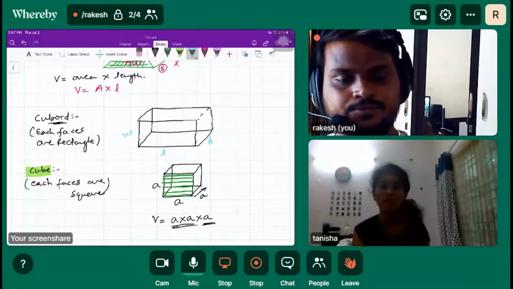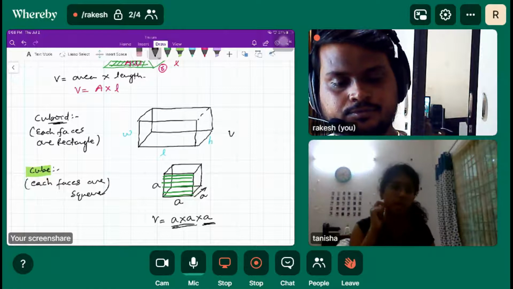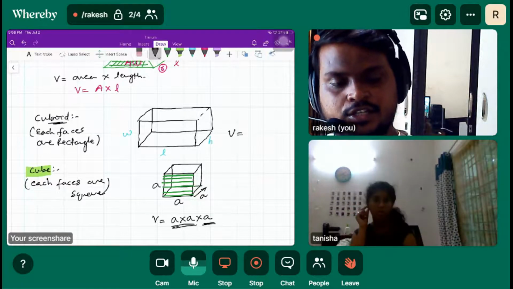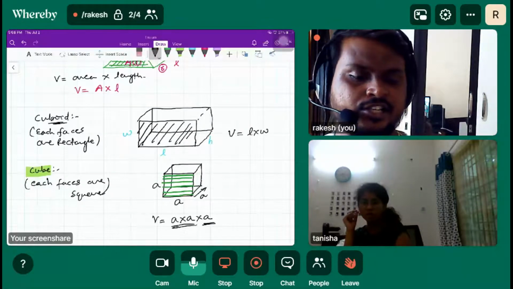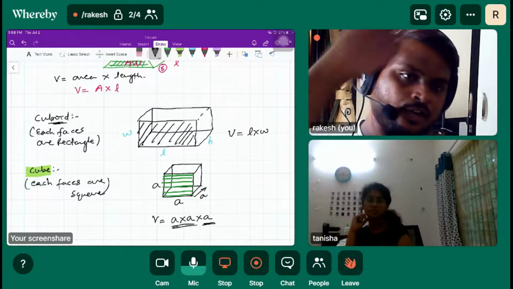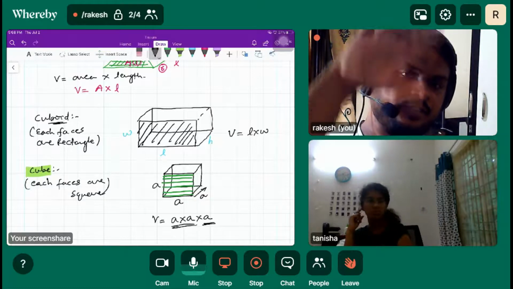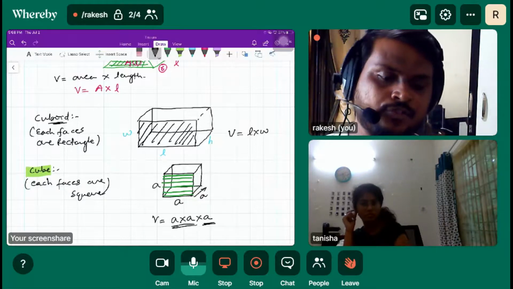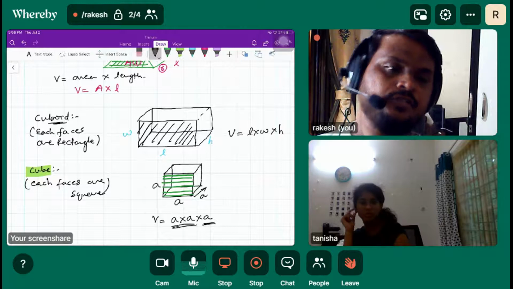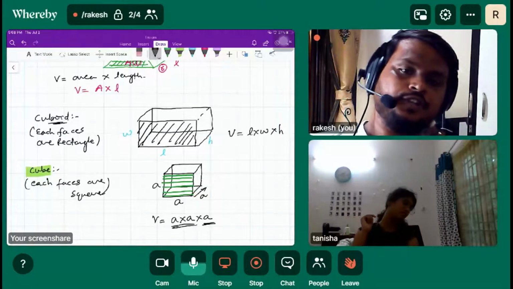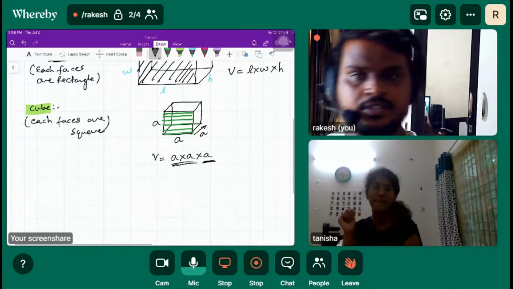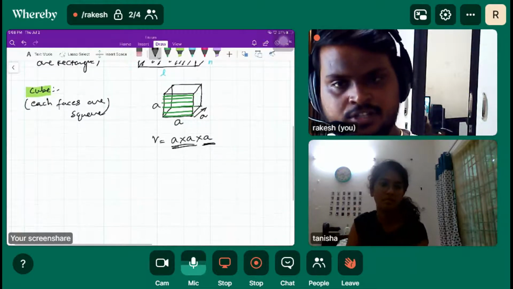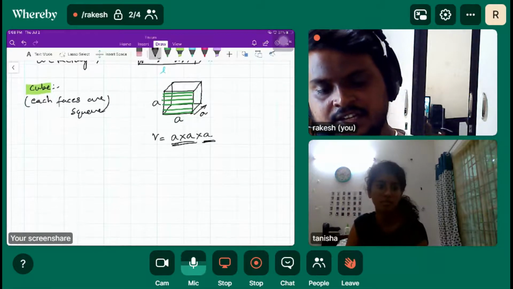It'll be W into L into H. L into W is the cross section area, and since it's going all along the depth, L into W into H. So this is the volume of the cuboid. Fine. One more shape we have, that is cylinder.